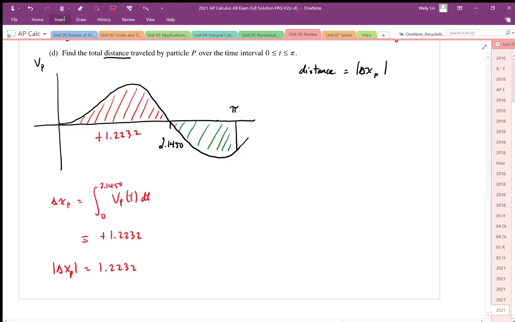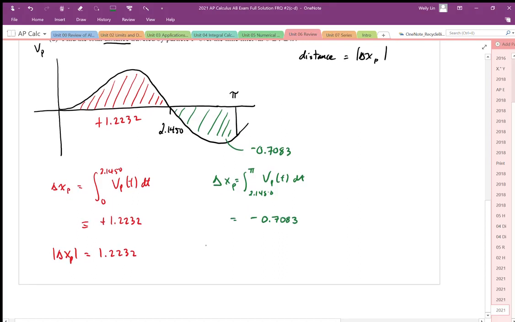And then we do the same for the other portion here, but this is going to become a negative displacement. So when we work out the change in p from 2.1450 to pi of this velocity function, we end up getting a negative value of negative 0.7083.